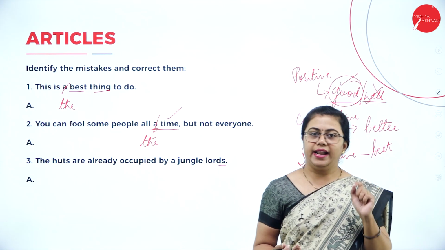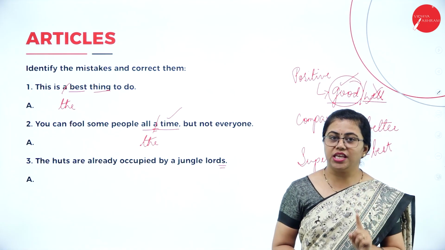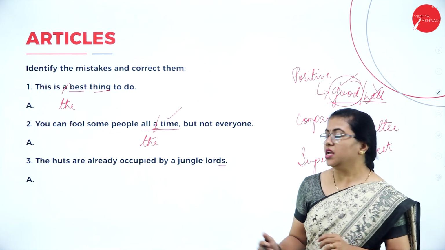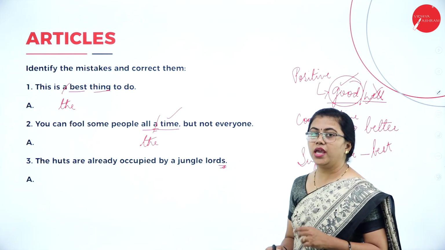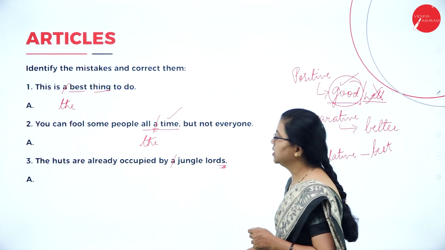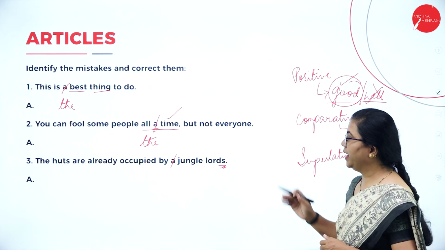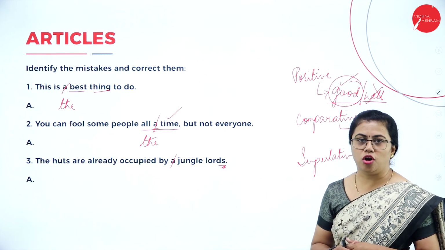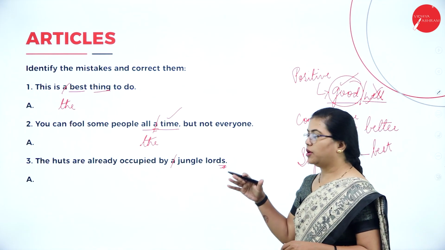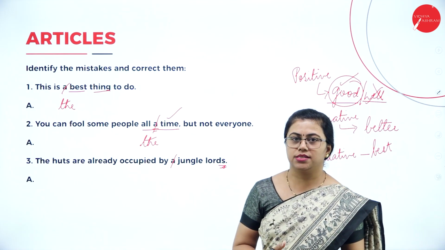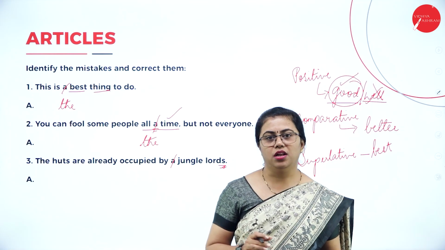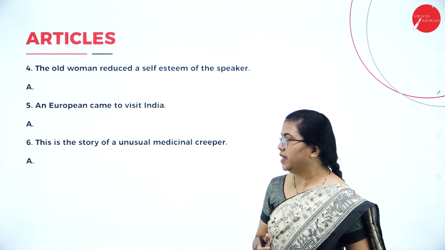A and an are supposed to be used with singular nouns only. Here it is plural, then you are not supposed to use a over here. So what does the sentence become? The huts are already occupied by jungle lords. Here they're talking about somebody who has already occupied the huts. So this is jungle lords. Let us move on to the next part.